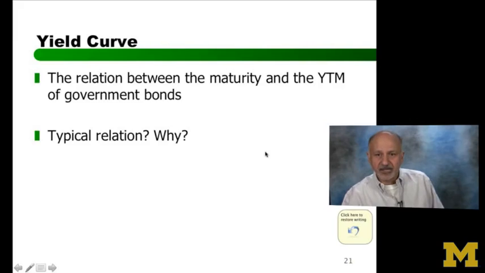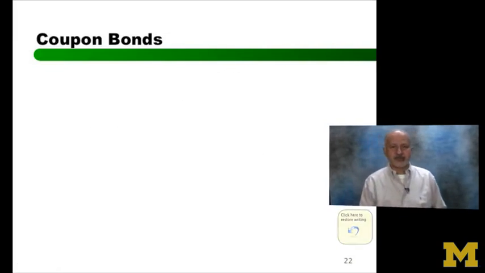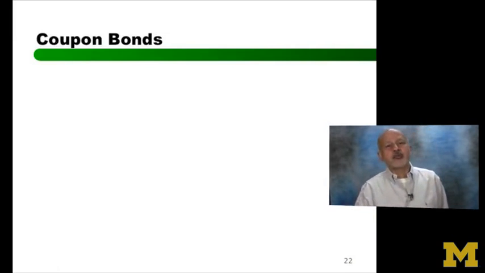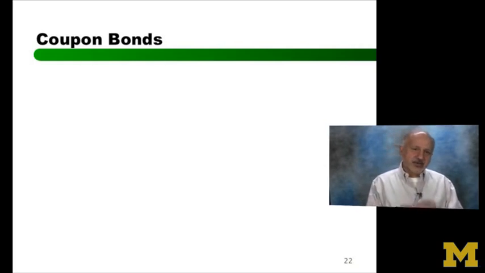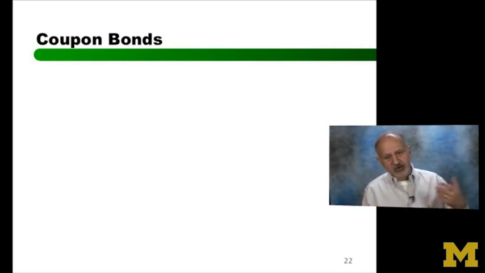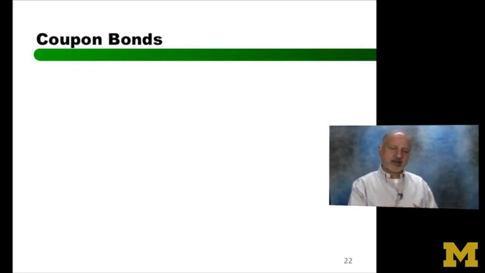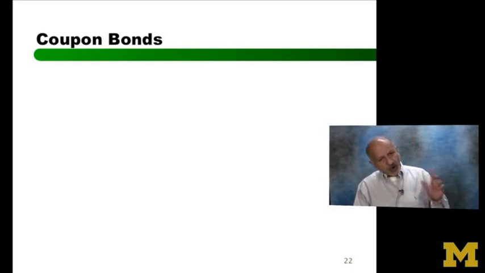Okay. Now let's move away from zero coupon bonds to coupon paying bonds. And the reason I'm going to coupon paying bonds is this is the nature of most loans. Most loans don't just have you give money today and then pay it back in one shot right at the end. Most loans, even corporate loans, have coupons built into them.